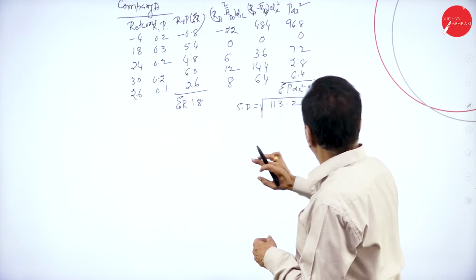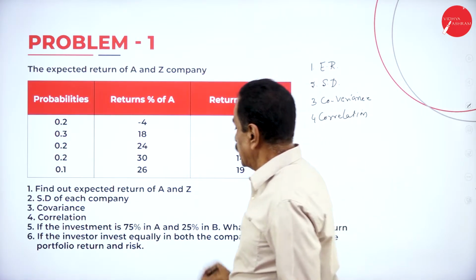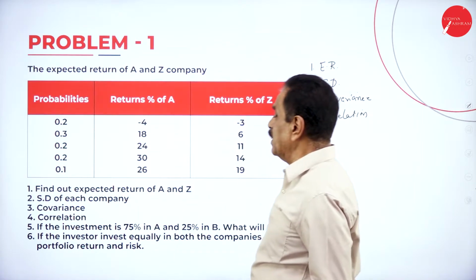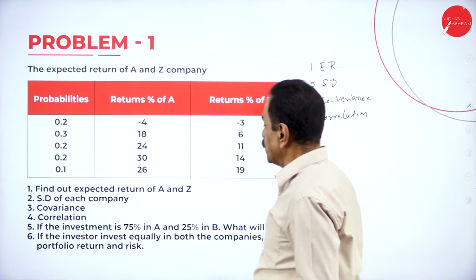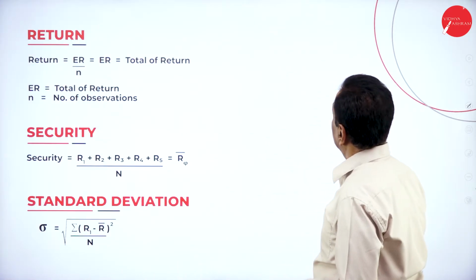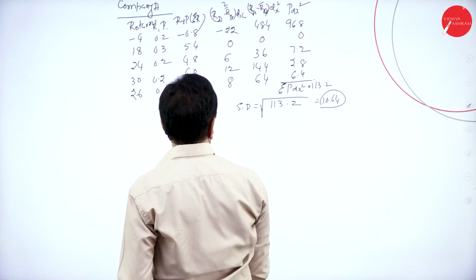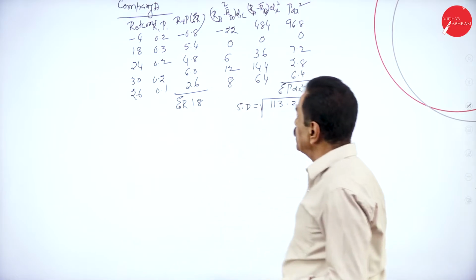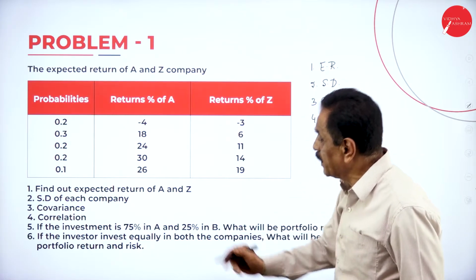Then what he wants to know: covariance means both the companies have to be looked after. Covariance is deviation of x and deviation of y, P into dx into dy. The deviation of y has to come, then only we can go ahead.